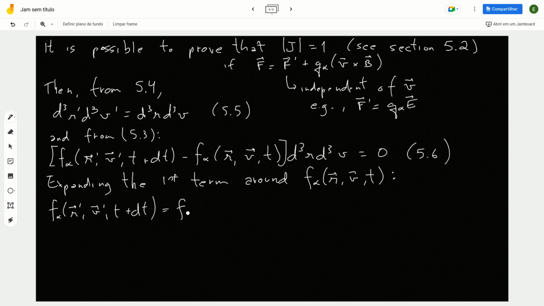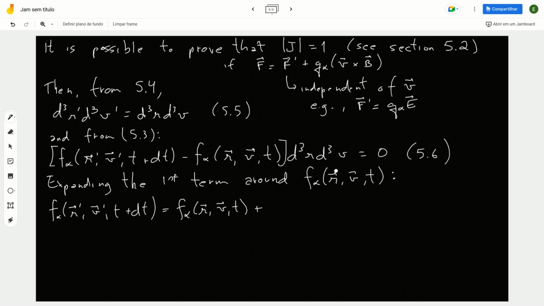So the first term is just this, f(r, v, t), plus the derivative. I'll write it just up to the first order. So I have a derivative in relation to r, then in relation to v, and then a derivative in relation to t. These are the first order derivatives.